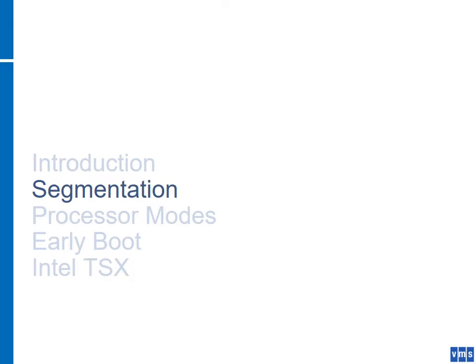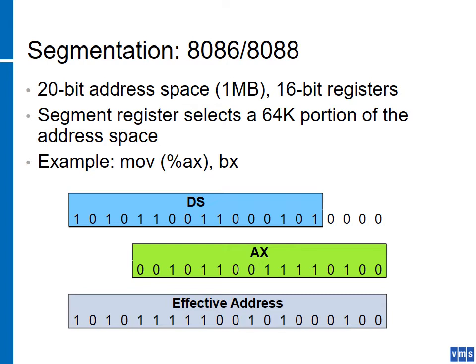So there's something called segmentation. It started out in the 8086 and 8088 processors as a way to extend the address space from 16 bits. You have 16-bit registers, and typically that means you can only address 64 kilobytes of memory.